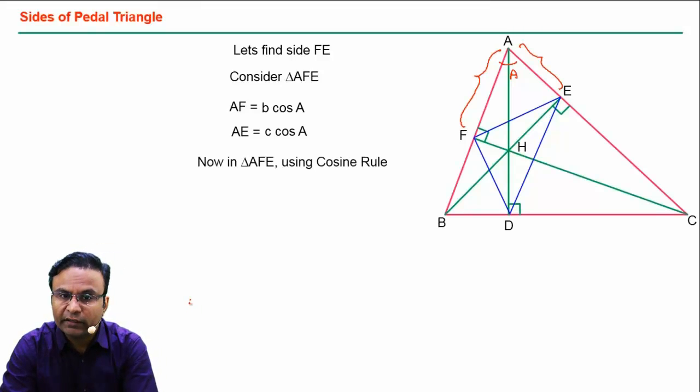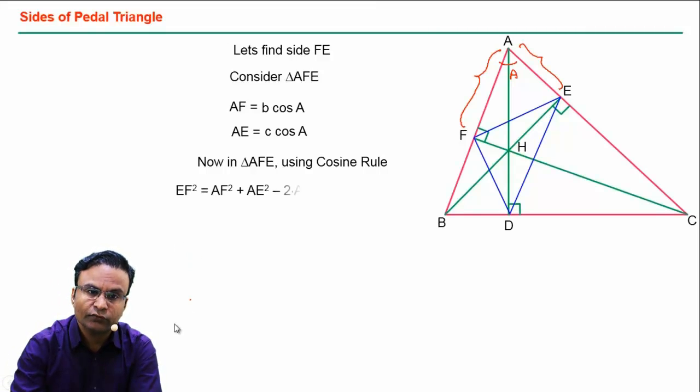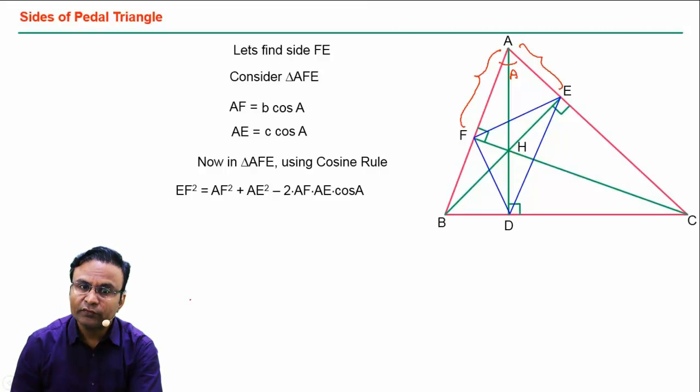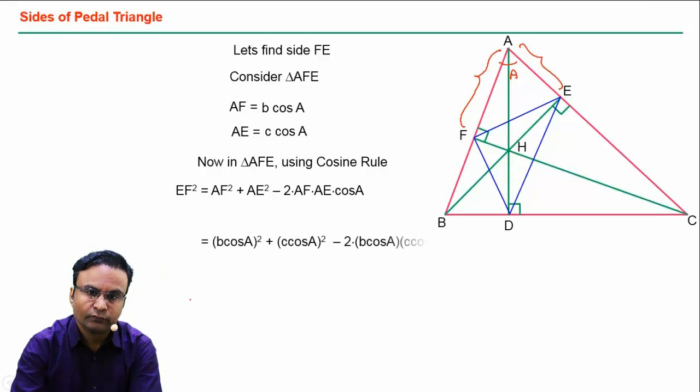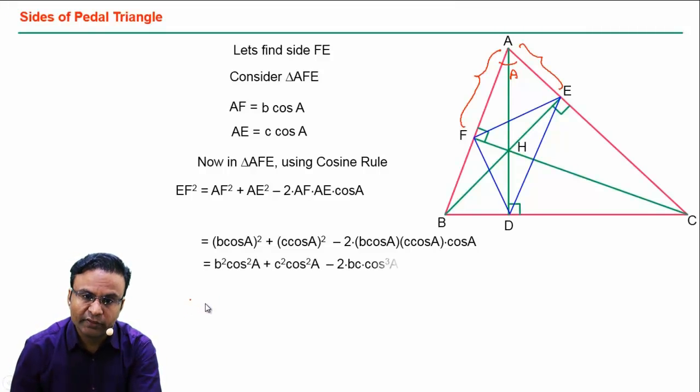So now in triangle AFE, using the cosine rule, we have this formula for EF. EF square is equal to AF square plus AE square minus 2 times AF into AE multiplied by cos A. In this, now put the values of AF and AE. So we have (b cos A) square plus (c cos A) square minus 2 times b cos A, c cos A multiplied by cos A. Now from this we can take cos square A common.